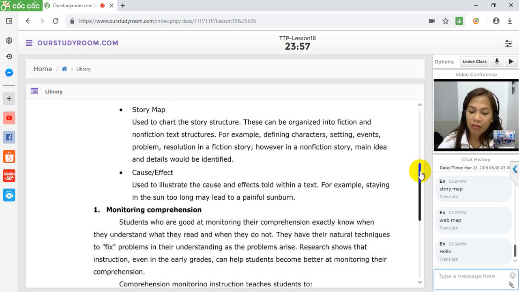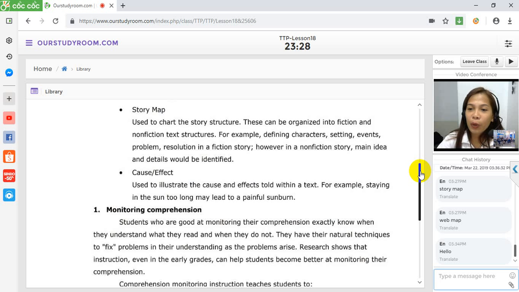I describe these words, and they understand more. And after reading, I ask them some questions about the paragraph. Yes, no questions, or two, four questions.